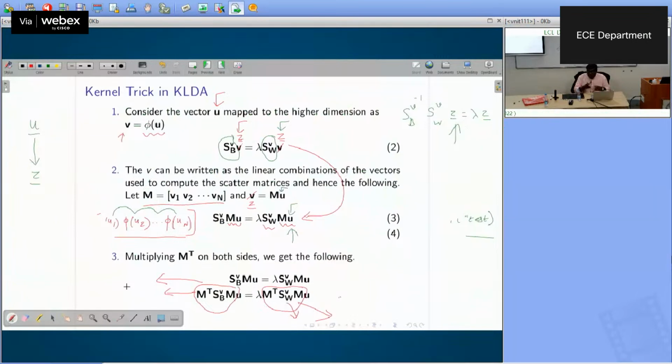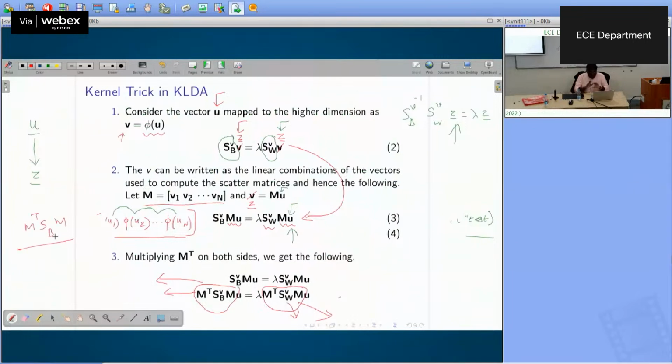SBV is the between class scatter matrix computed using the vectors in the higher dimensional space. What I am telling here is M transpose SBV M, the between class scatter matrix computed using the vectors of our inner product matrix. You got the point? Meaning I can directly compute this M transpose SBV M.